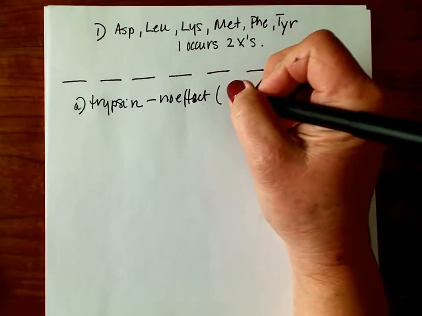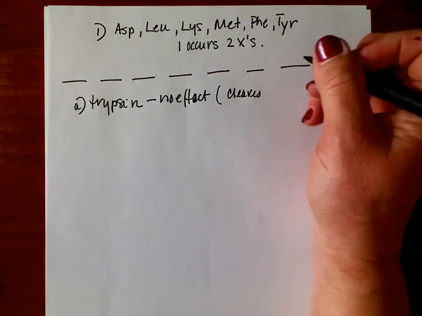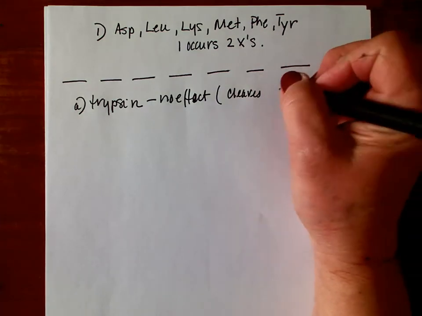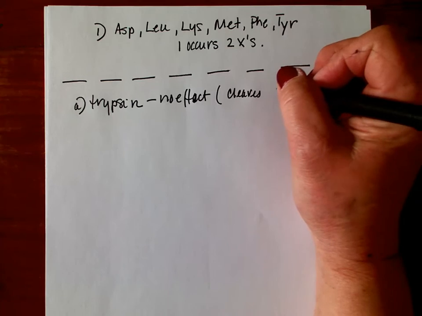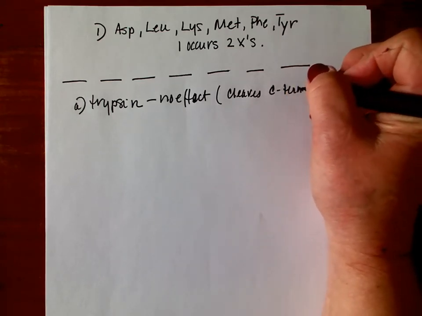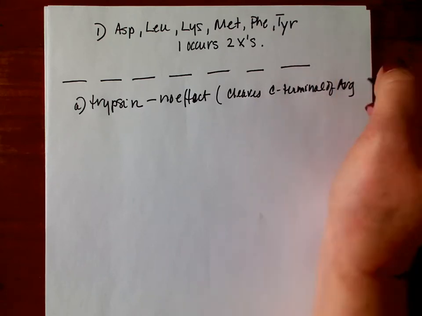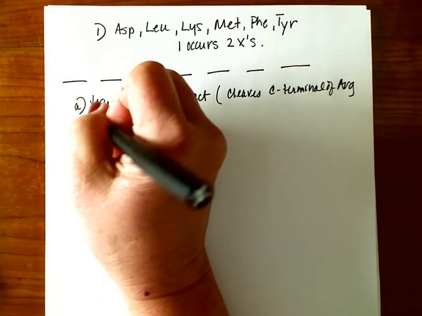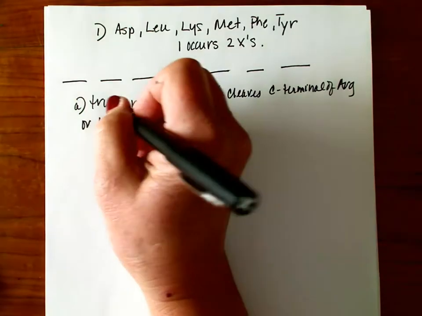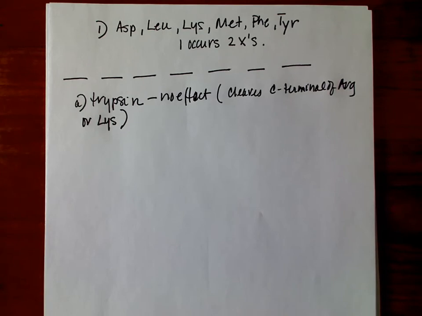And this cleaves or cuts the oligopeptide C-terminal of arginine or lysine. Okay? Do we have an arg or lys in this polypeptide? Yes, we do. We have 1.